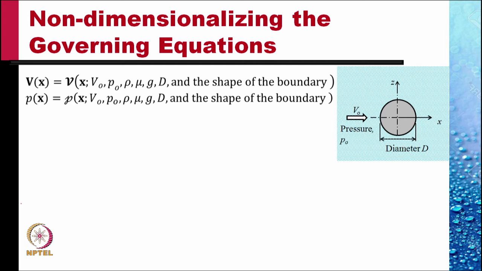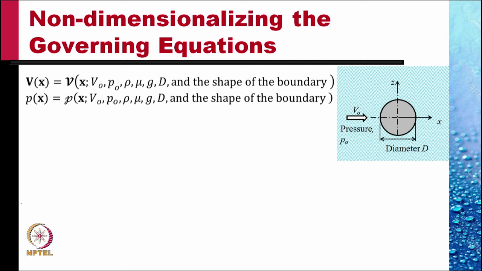Now, the dependent velocity V, that is the components u and v, as a function of the independent variables x and y, can be written as a function of x, the location vector x, which consists of scalar quantities x and y, and the list of independent parameters.